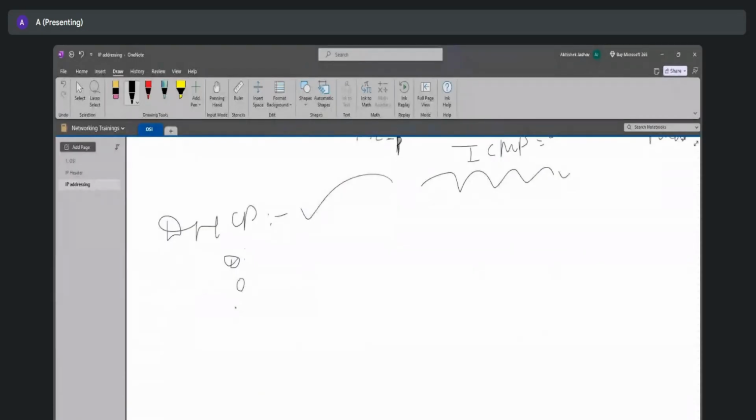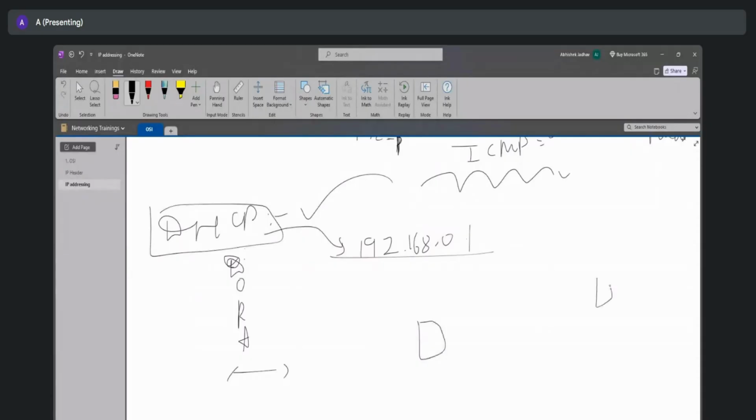And then after the DORA process actually completes, there is an IP address that the end host receives, right? So once the DORA process is done, its job is done, right? What happens? The device gets an IP address. Let's say 192.168.0.1. So whatever DHCP server was there, it sent this particular IP to the device. Let's say there is a DHCP server and there are multiple devices here.